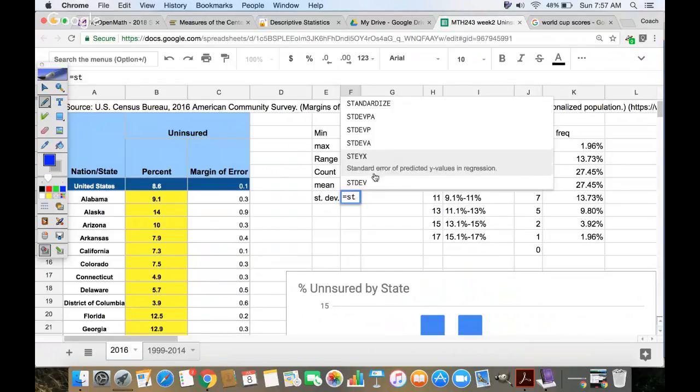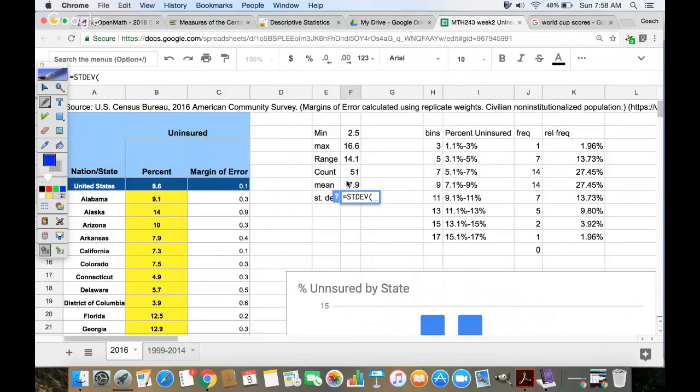That's pretty close to the standard one, STDEV, the basic one. It just treats text as zeros, whereas this one right here just ignores text. This A also calculates a sample standard deviation versus the population standard deviation, and the population standard deviation that treats text as zero. So I'm just going to use the standard. This is for a sample, and then I just highlight my data.